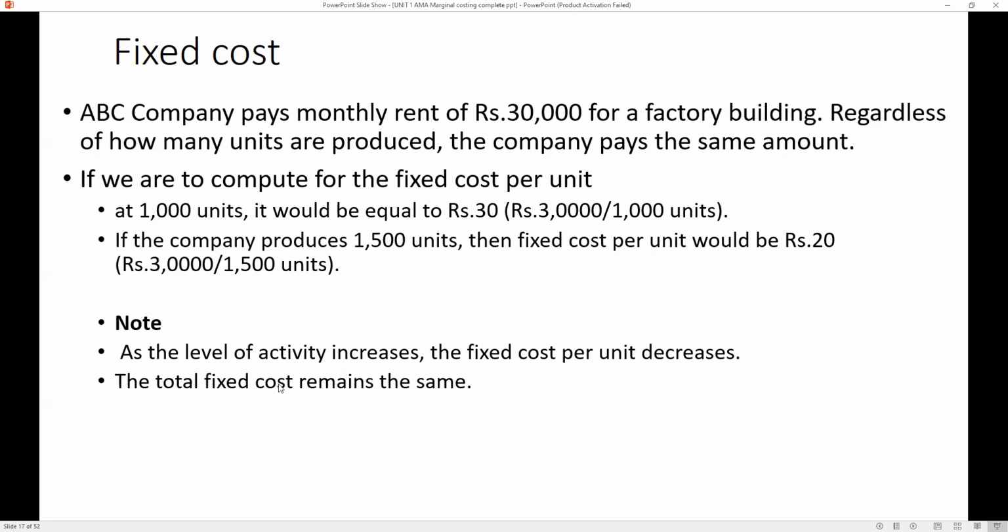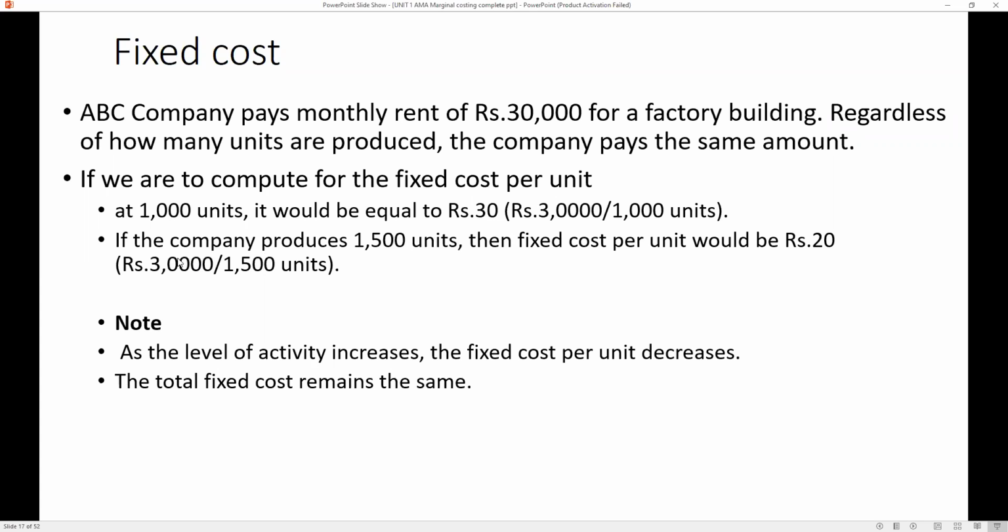So as the level of activity increases, the fixed cost per unit decreases. The total fixed cost remains constant. This is the feature of fixed cost. Okay, what is the feature of fixed cost? As the activity increases from 1000 to 1500, the per unit cost decreases from 30 rupees to 20 rupees.